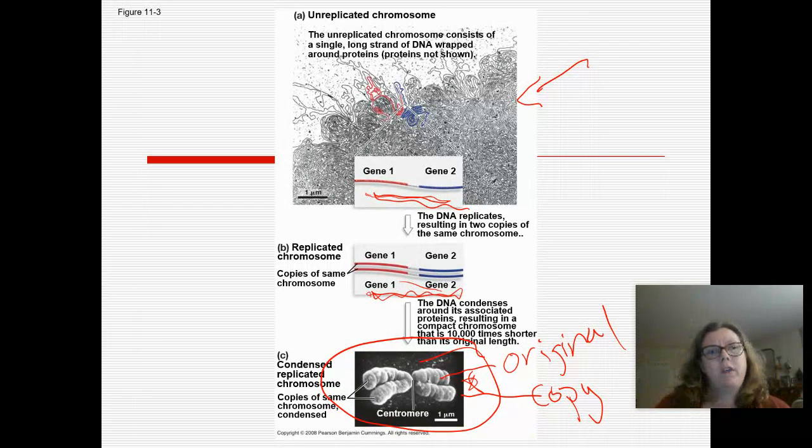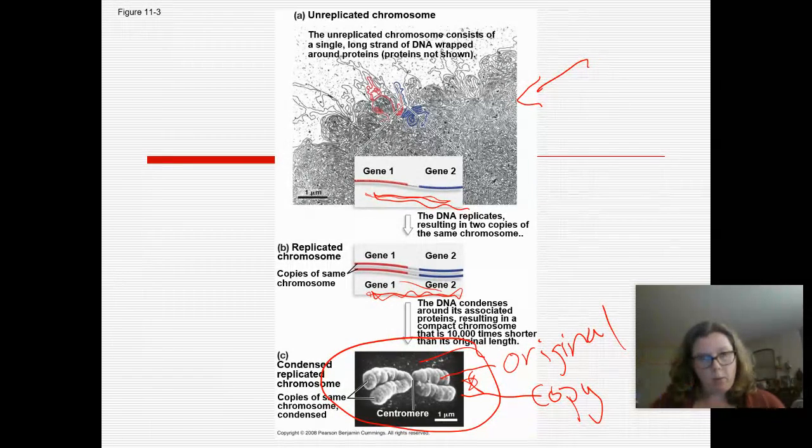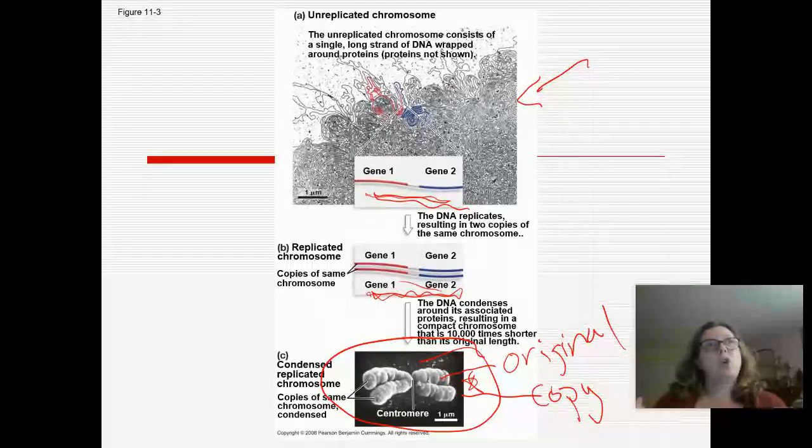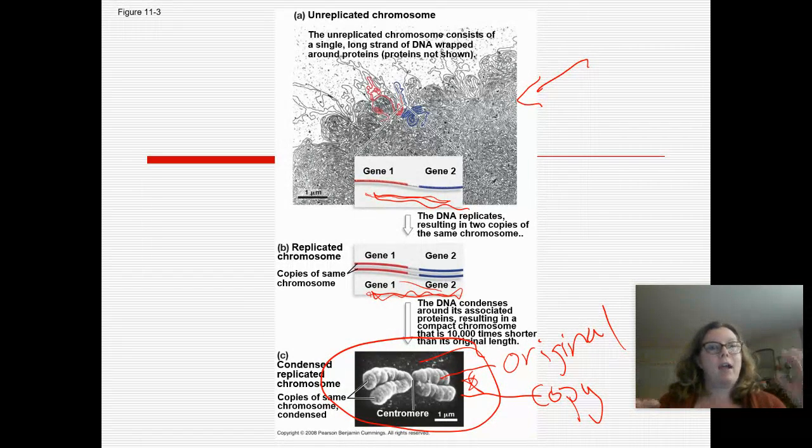In order to divide into two cells, we need to be able to separate the original piece of DNA from its copy. We need to sort that DNA out into different cells so that you're certain you have identical copies of the DNA in the two daughter cells. Remember, this is a cloning process, so we want identical copies of DNA.